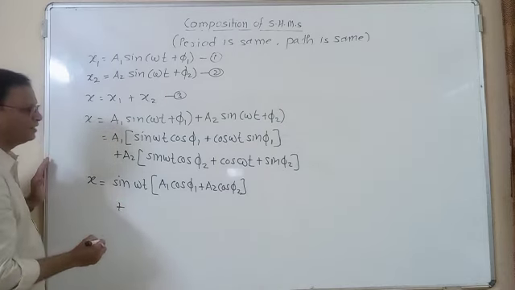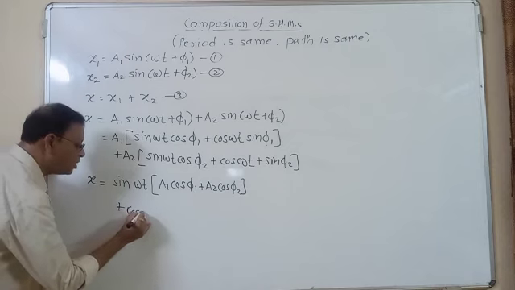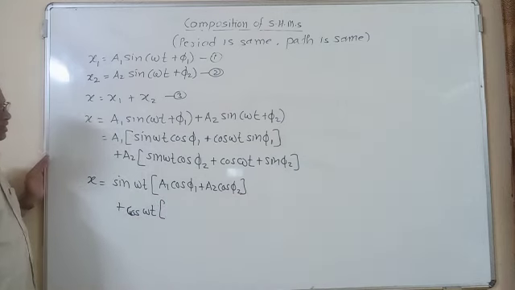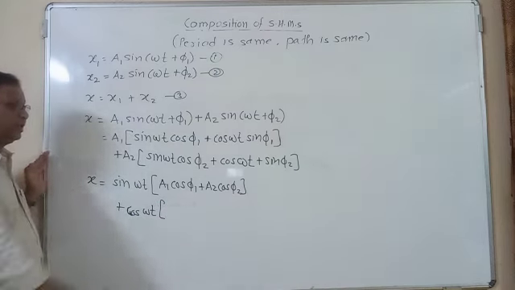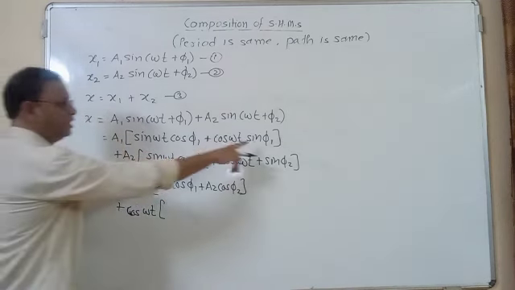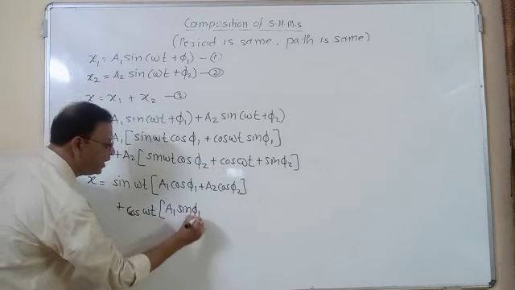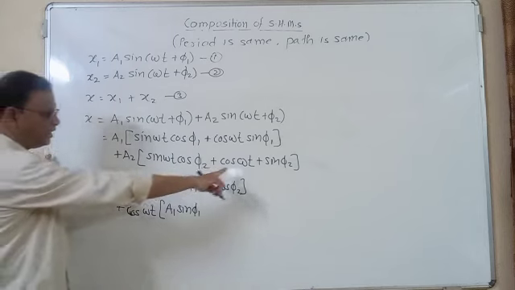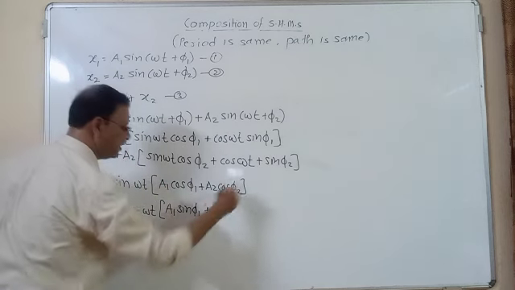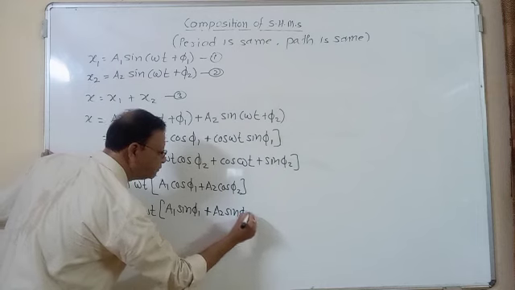Plus we can collect the terms containing cos omega t. Here is one term, so it is a1 sin phi1, and another cos omega t is here, so plus a2 sin phi2.